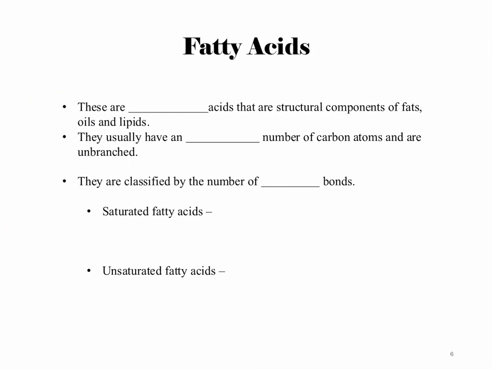So fatty acids are going to be carboxylic acids that form the structural components of fats, oils, and lipids. They usually have an even number of carbons ranging from 12 to 22, and they're classified by the number of double bonds, right? It's the same way in organic chemistry we talk about saturation.